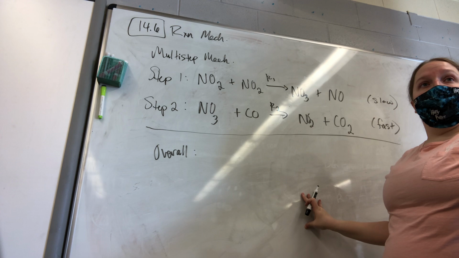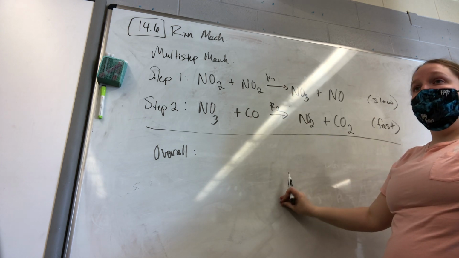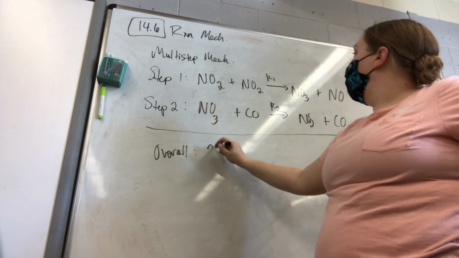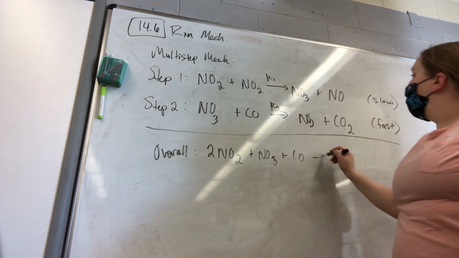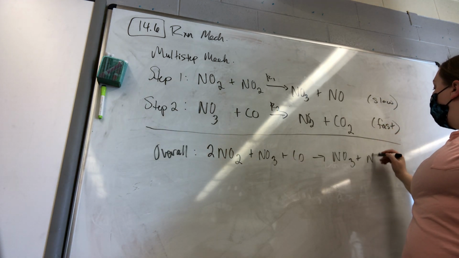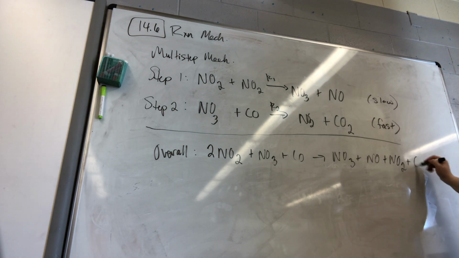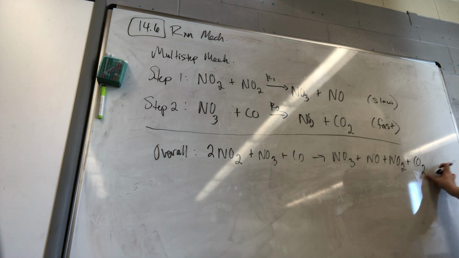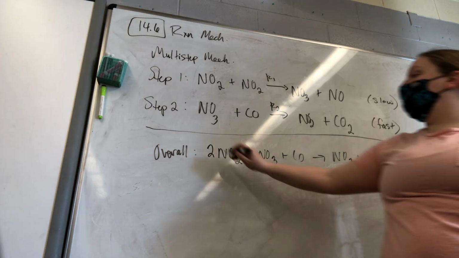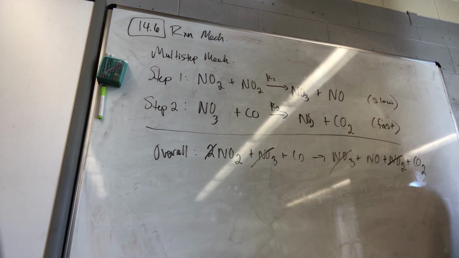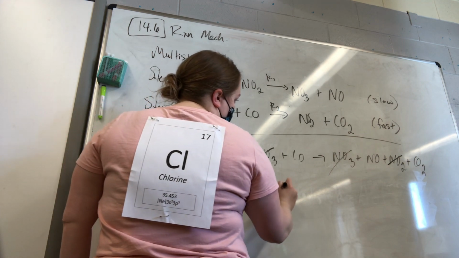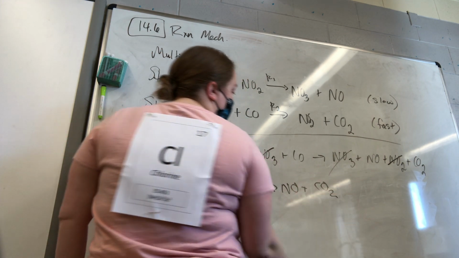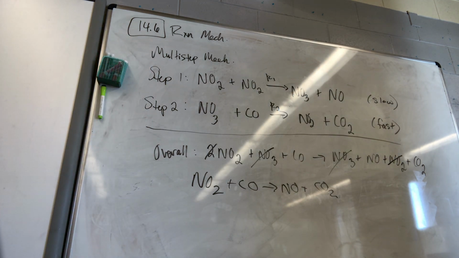Just add them all together. That's all you have to do, add the two reactions together and simplify. You've done it before. So we add them together and then we simplify by crossing off what's on both sides. It's kind of like the net ionic equation. That's how you determine the overall equation. So there's my proposed overall reaction.